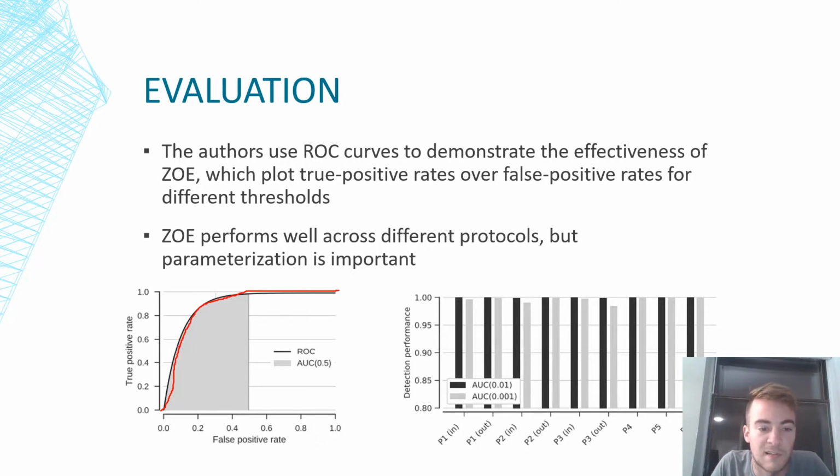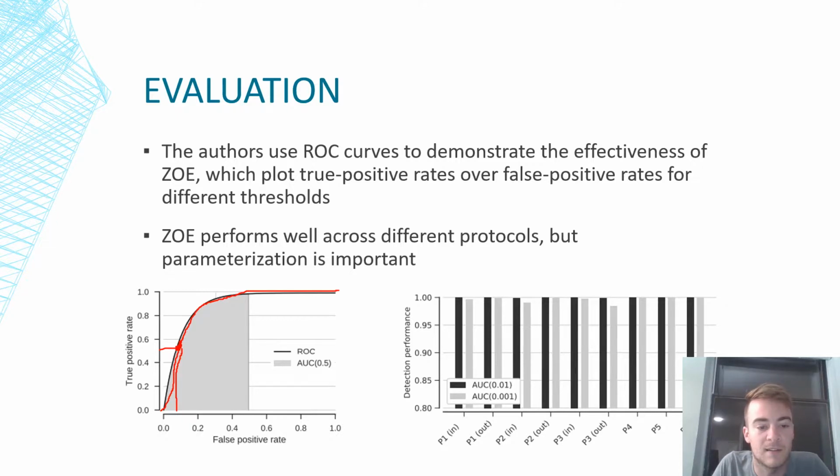So at this point right here, a certain threshold would have been employed, and it would have given a false positive rate here and a true positive rate here. And so with a little bit of thought, you can see how curves like this can help understand whether there's a threshold that would give both a high true positive rate and a low false positive rate.